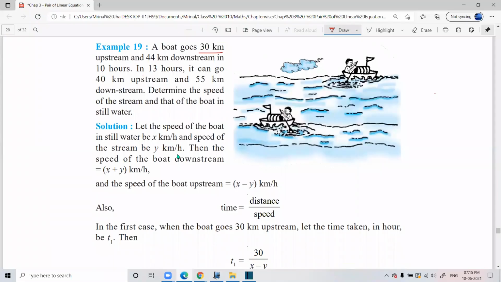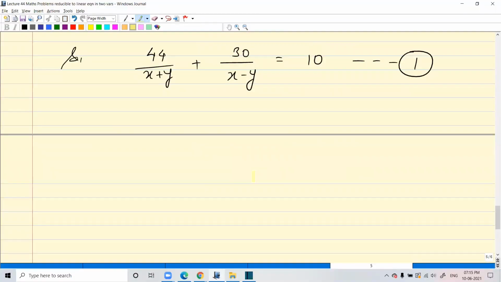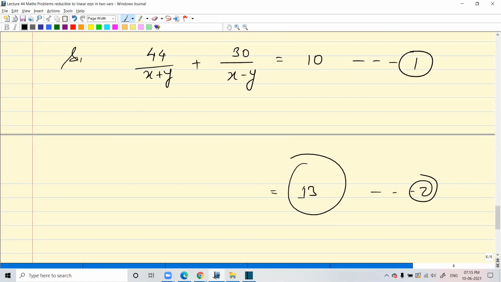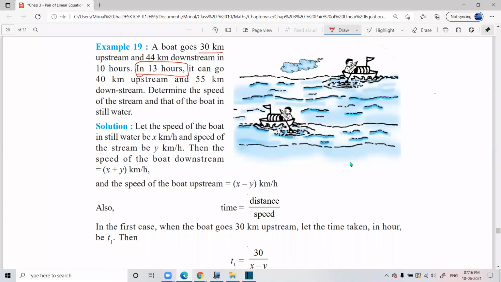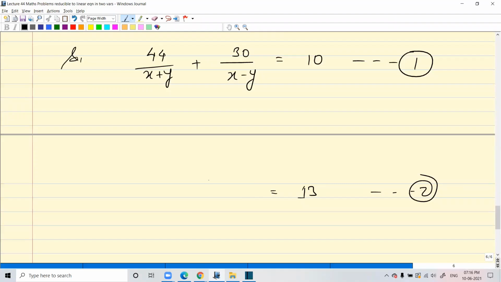So how can I form my second equation using this? The total time is 13 hours, they are saying. So my RHS will become 13, right? In the second equation, total time they're saying it is 13 hours. They're saying in 13 hours, it can go 40 kilometer upstream. So 40 will be upstream.